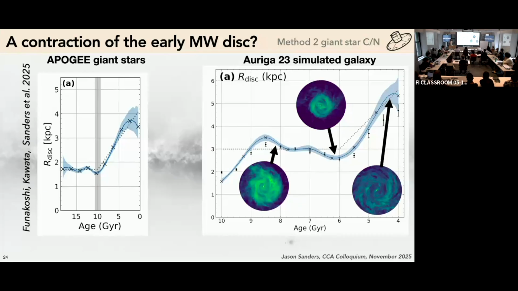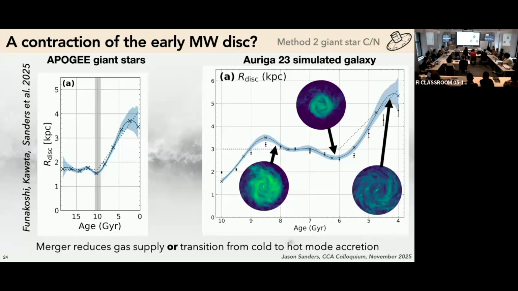Now, again, this happens around this special 10 billion year point, where maybe we could ask, is this the GSE merger that's caused this contraction to happen? Has it reduced the gas reservoir in the galaxy at this time? And that's why the disk is contracted. Another hypothesis is maybe here we're going from a transition from cold to hot mode accretion during this period.